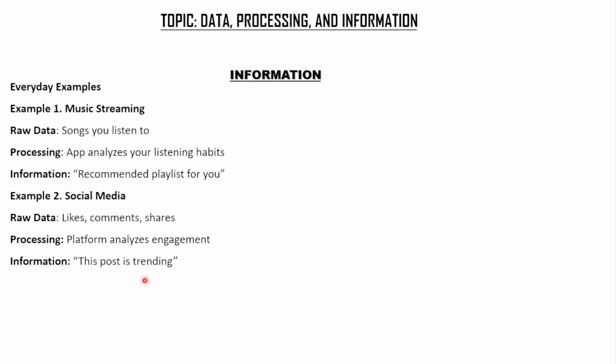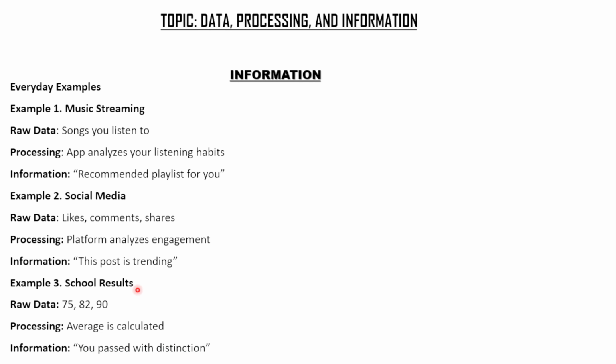So let's take for example school results. The raw data is, let's say, 75, 82, 90. Processing will be the average is calculated, like calculating the average of the class. So the information is you've passed with distinction, right?